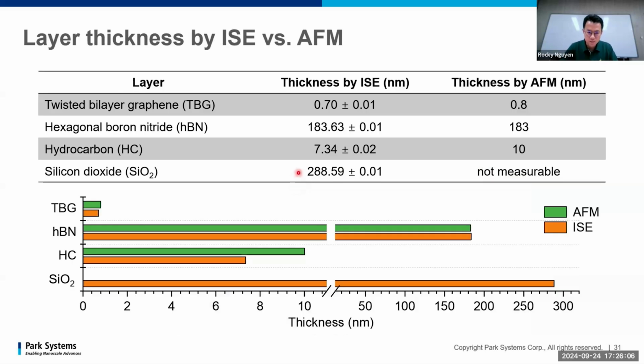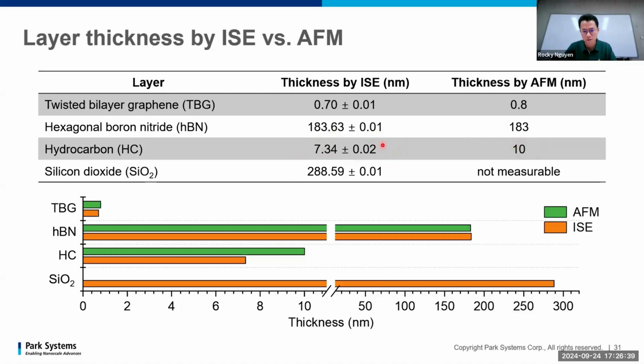But with the ellipsometer, we can measure the thickness of that layer like this. With AFM, we can see something above the surface only through a few different layers. So in comparison, the ellipsometer and AFM are in very good agreement in terms of thickness. A minor difference in terms of the hydrocarbon is that AFM just takes one single line profile on the top surface, and SE can assess below it.